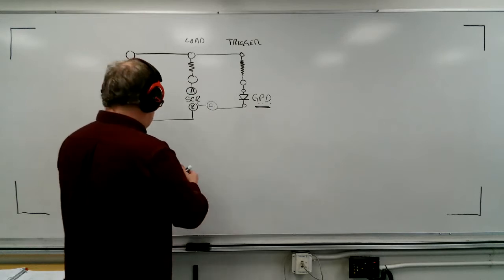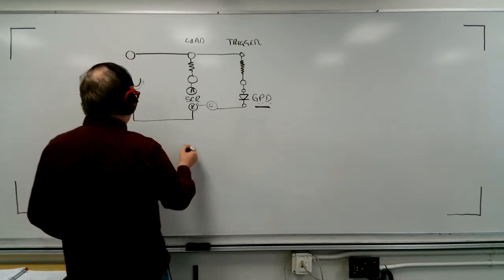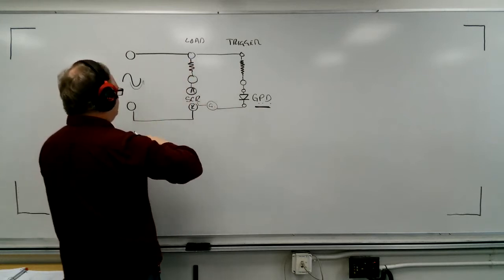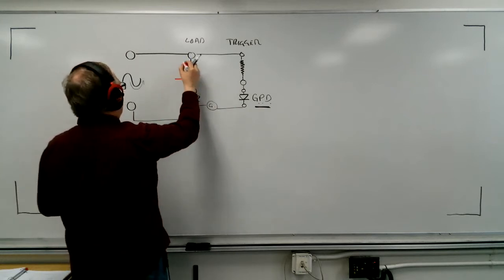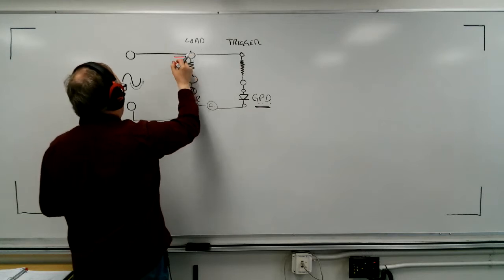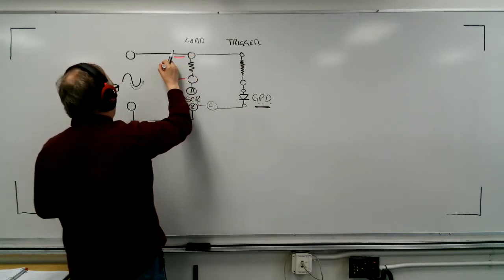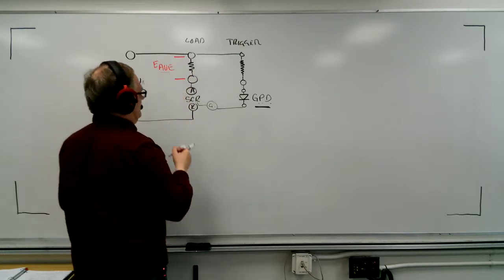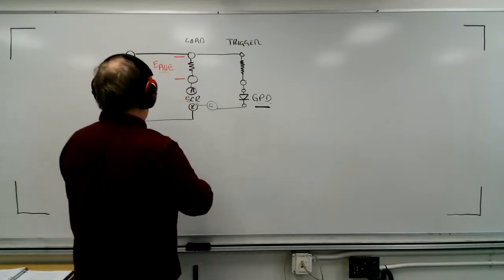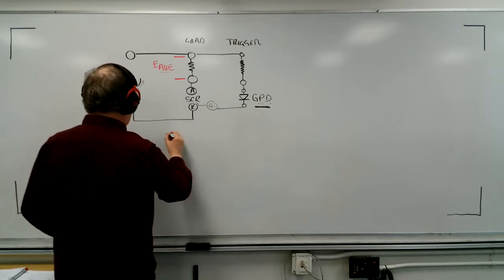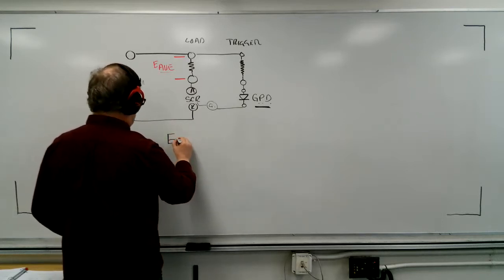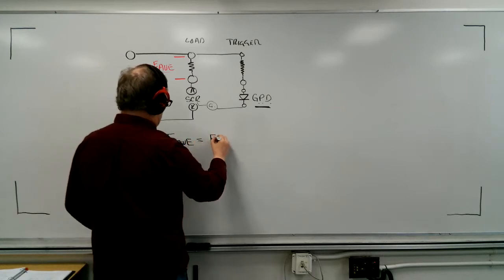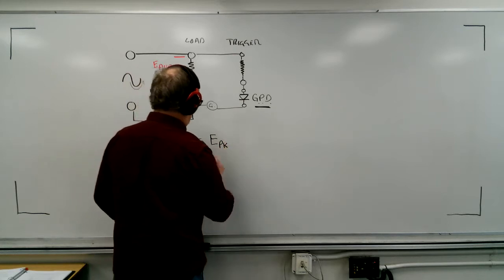Now, I want to review the formula for finding the load voltage. The formula we used for finding the average voltage, E average, which is the same as the DC load voltage, looked like this. E average is equal to E peak.